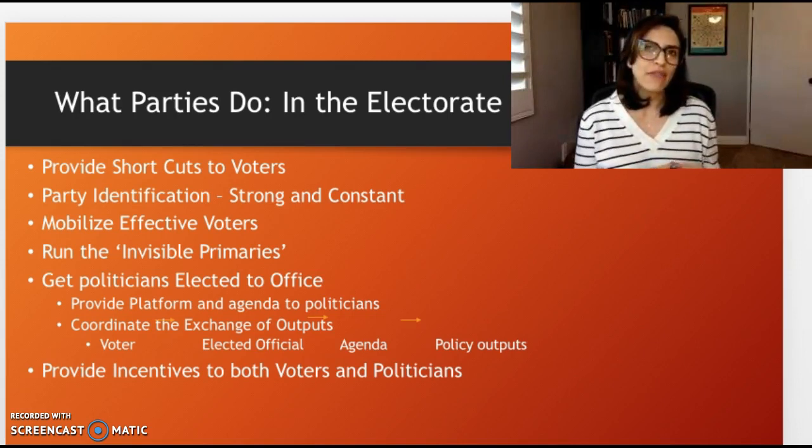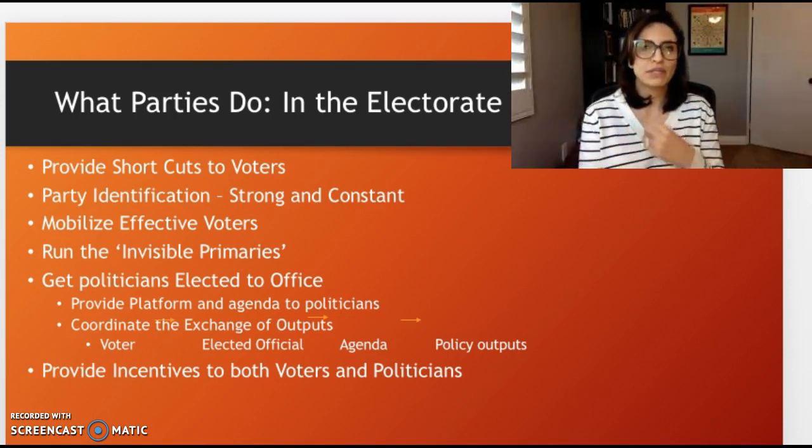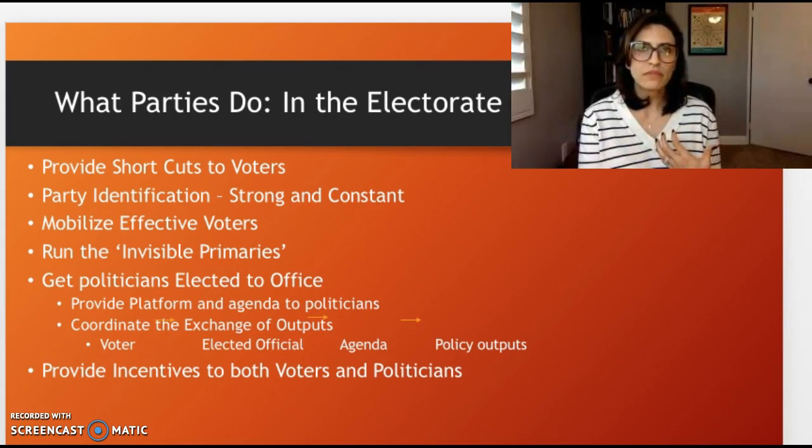It is more likely for them to agree to a policy that may or may not be what they're about. They'll just assume it to be something that they care about rather than change party because a particular policy within the party platform doesn't gel with their personal ideology. People are more likely to change their ideology than to change their political party. So that's how strong party is in the electorate.